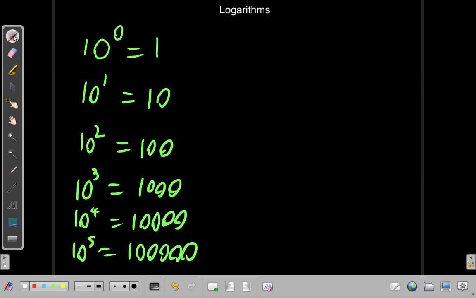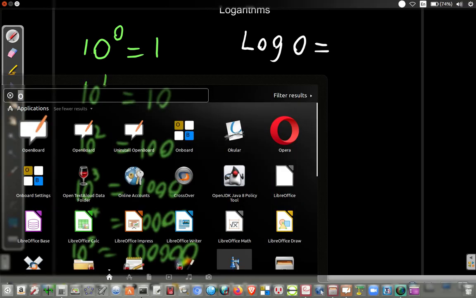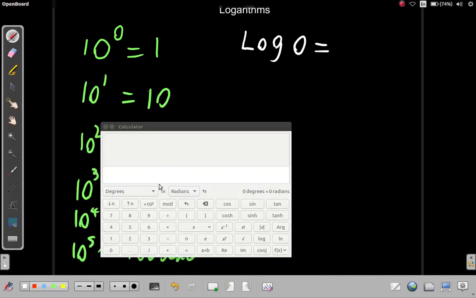Suppose we should use our calculator and find log of 0, common logarithm of 0. What do we get? Let's see. Not log 0, I should say log 1.